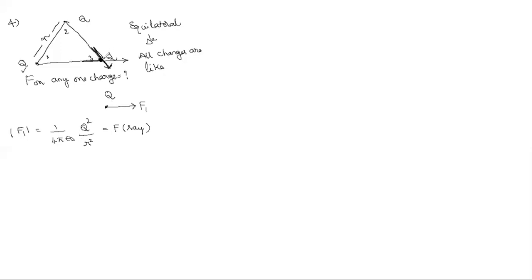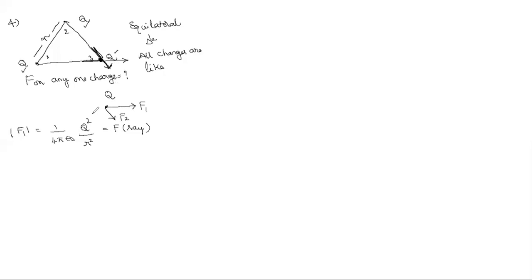Remember, you are calculating the force on the third charge. On the third charge, the second charge tries to repel it, that is, it tries to go away from the second charge. So I will get it downwards.